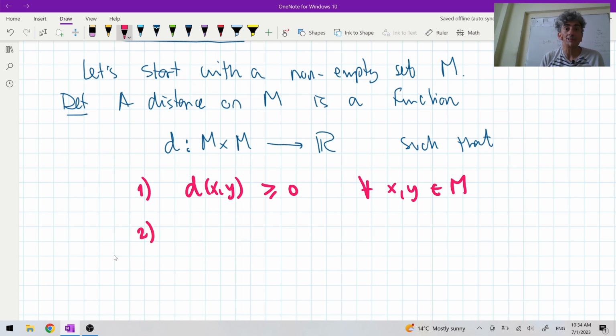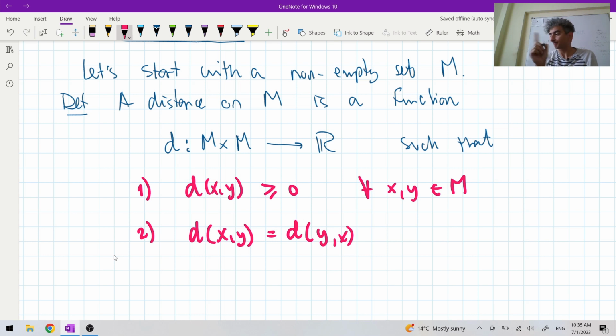Secondly, the distance between any two points is unchanged when we take it from x to y or from y to x. Distance doesn't have an orientation for us. This is some sort of symmetry or commutativity requirement.